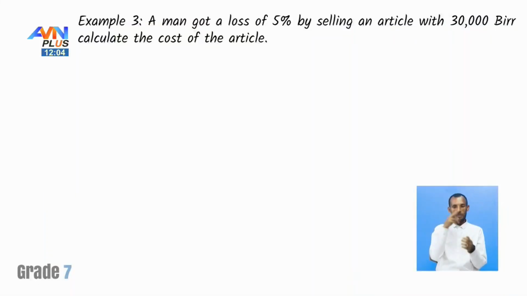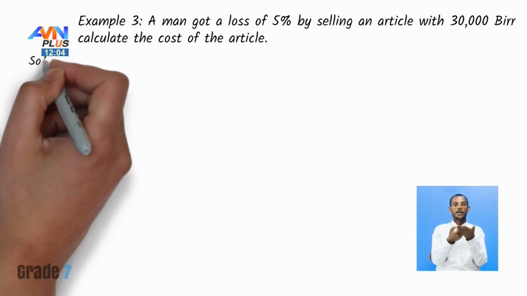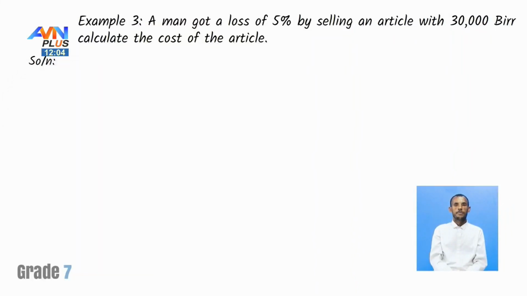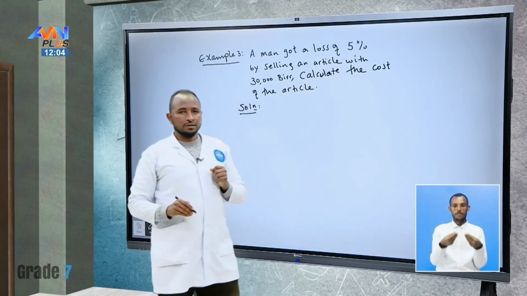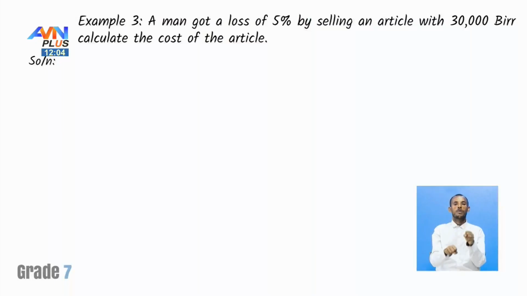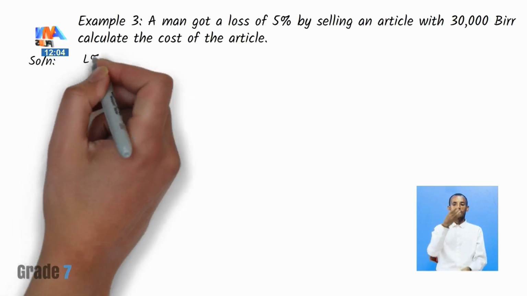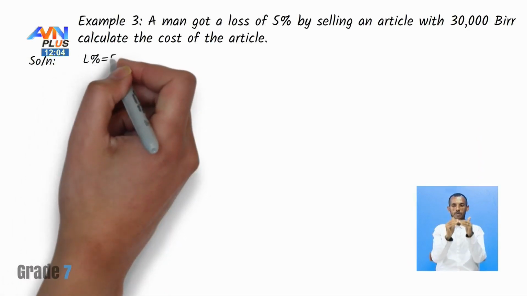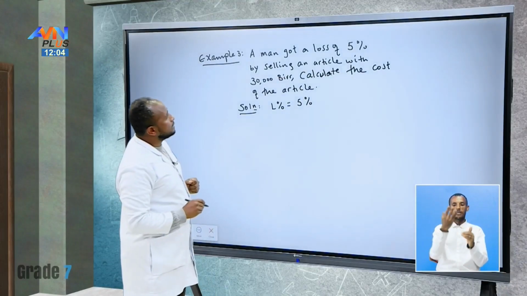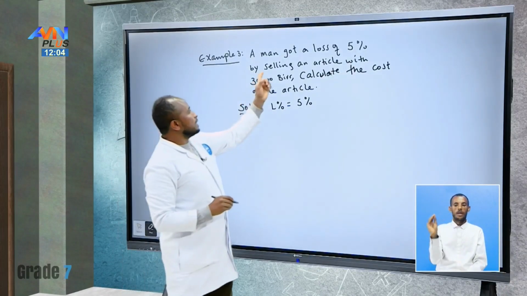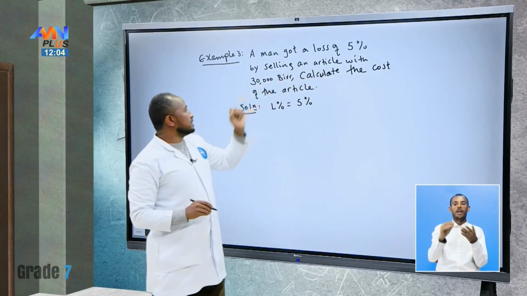Look, here, the loss percent is given. So, the loss percent is given to be 5%. And here it says, by selling an article with 30,000.